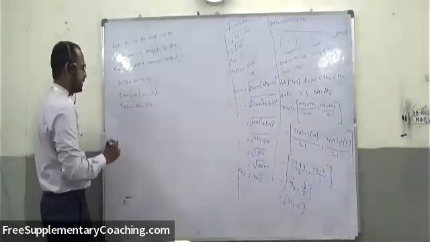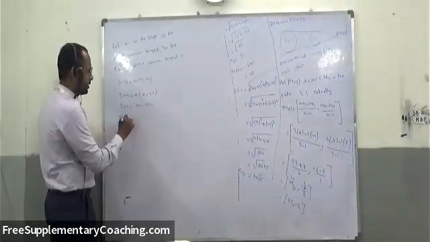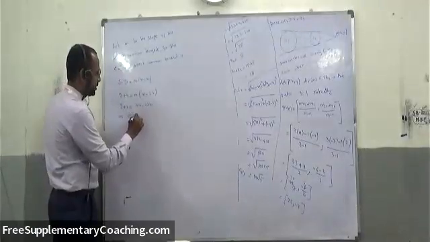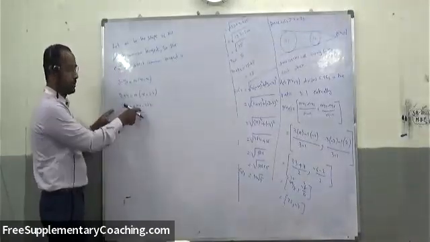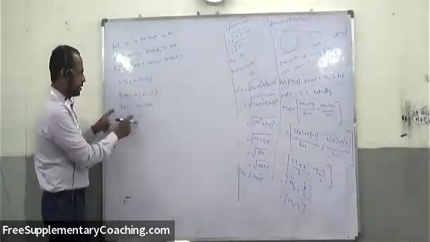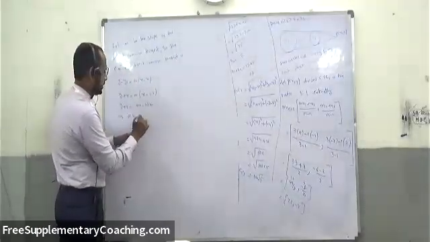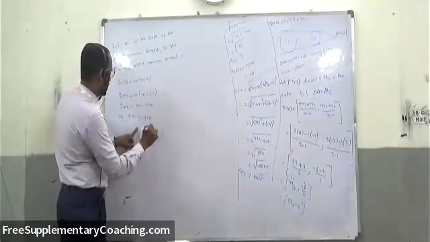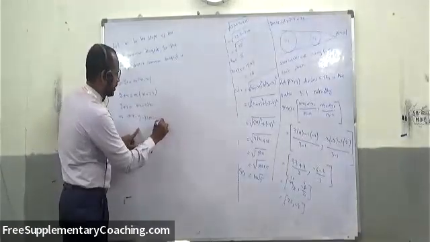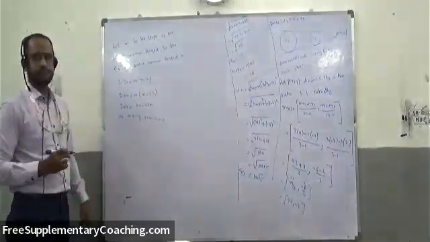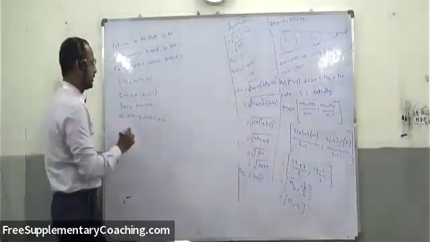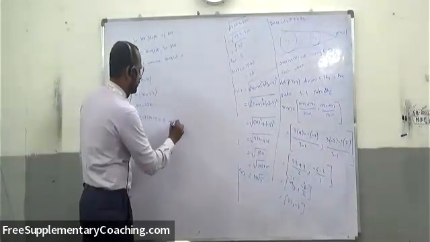Shift these things. This implies mx minus y, keeping x positive, minus 22m minus 4 is equal to 0. Okay, this is our equation first.